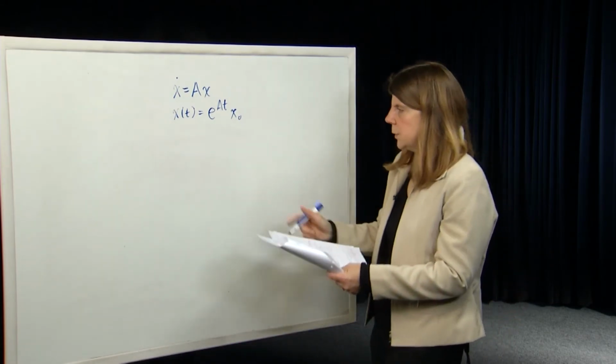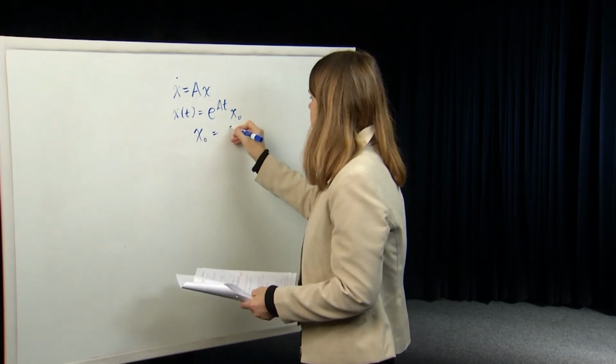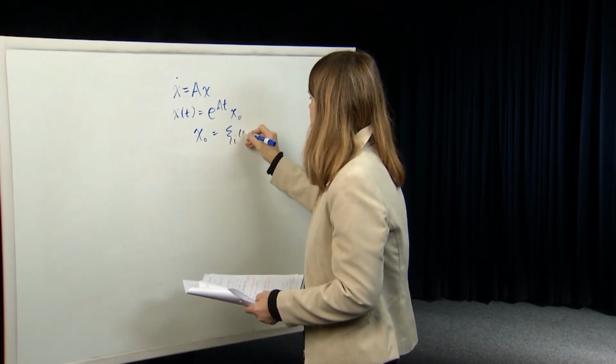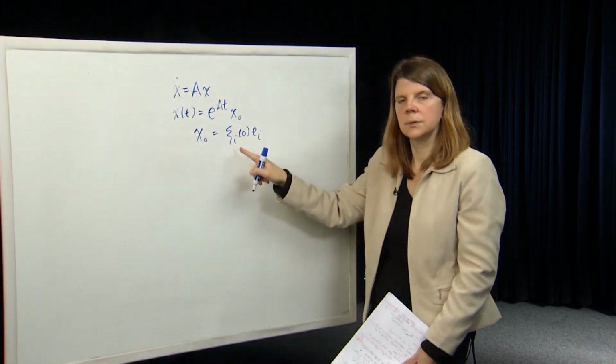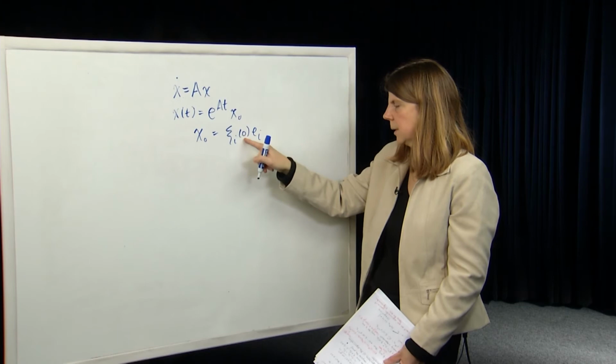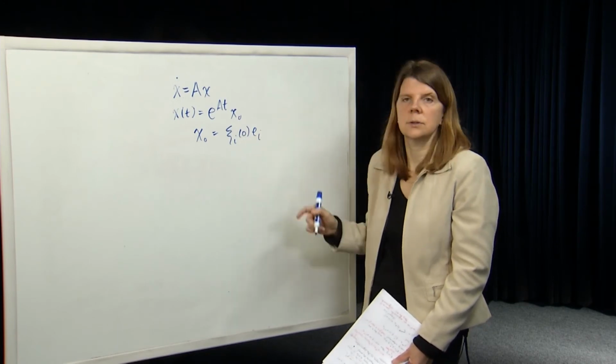Okay, so suppose you had an initial state x0, which was some scalar, it could be a function of time, times the eigenvector ei.